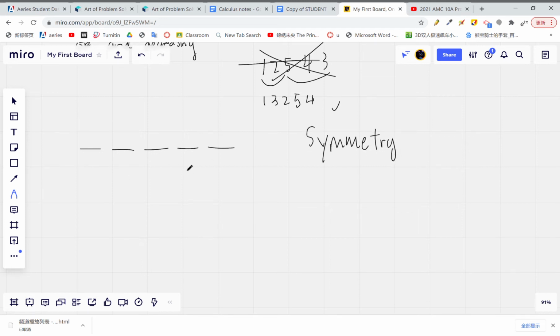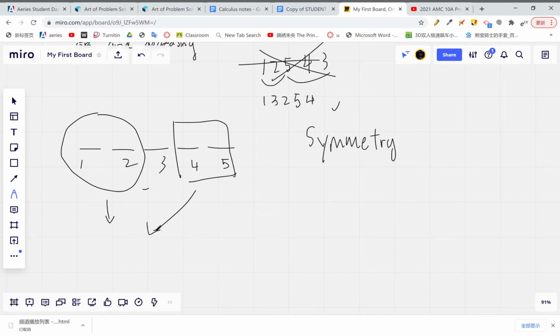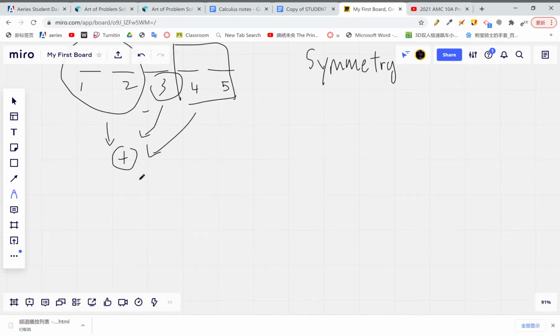Basically, if we mark these 1, 3, 4, 5, we just find the total number of arrangements where 5 is in the 4th digit or 5 is in the 5th digit, then this will be the same as these two, and then we just add these two, and this is going to be our solution. So let's start.